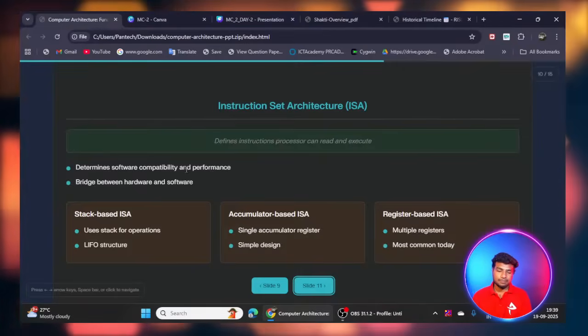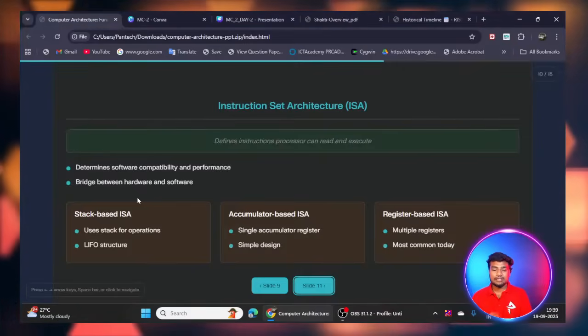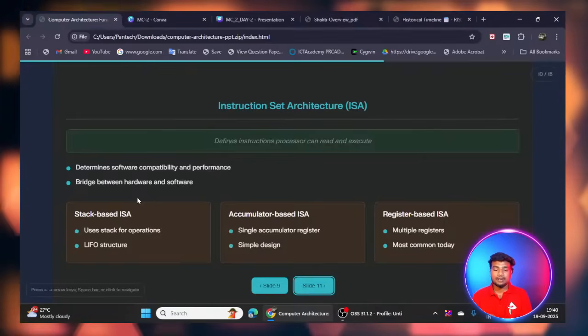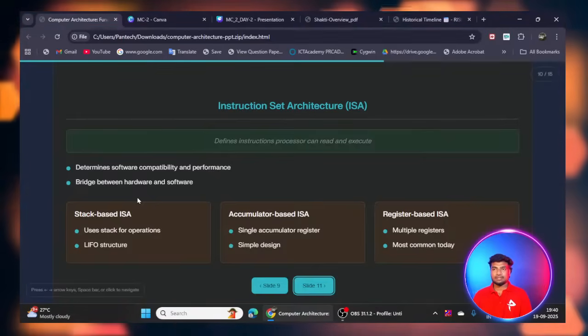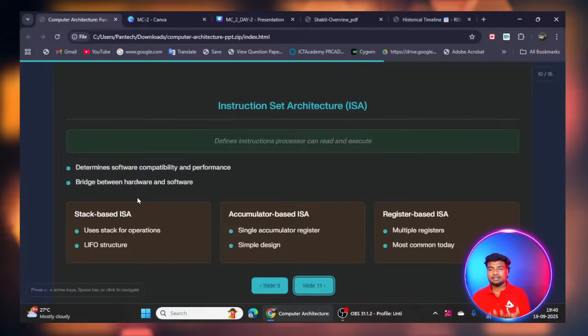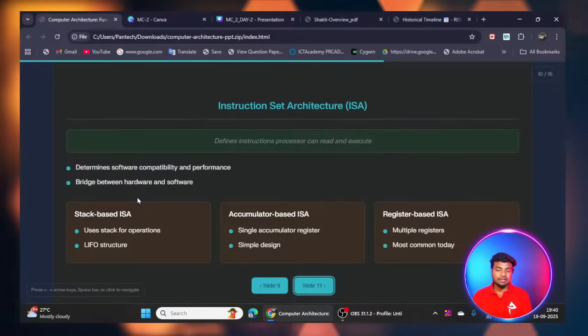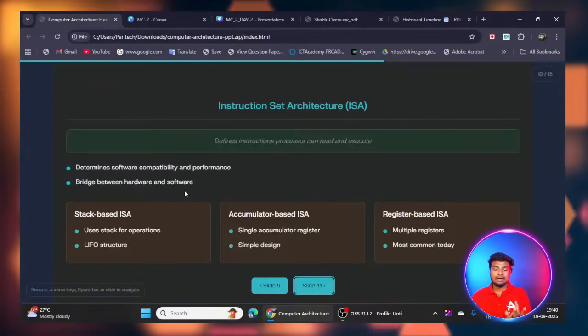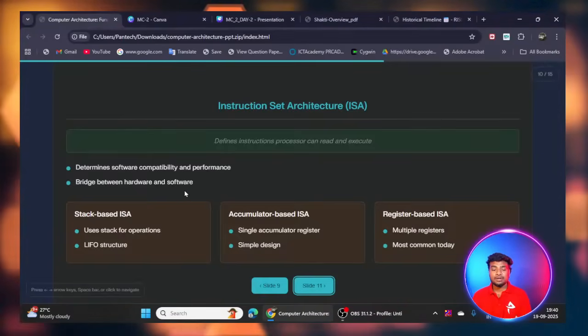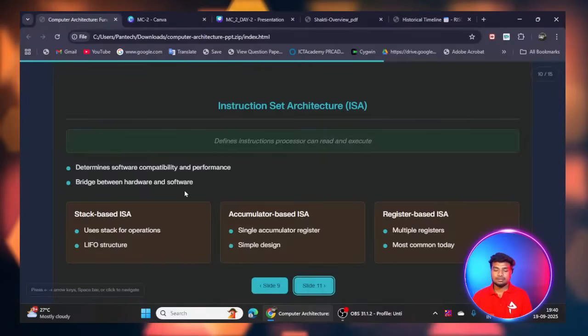ISA determines the software compatibility and performance. ISA is the main thing controlling the hardware, and it is a bridge between the hardware and software. As I already said, ISA in computer architecture is a bridge between the hardware and the software.